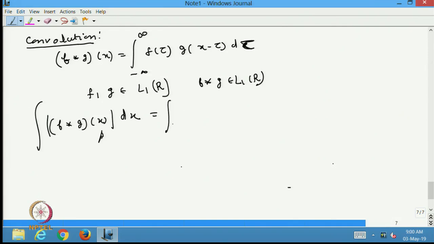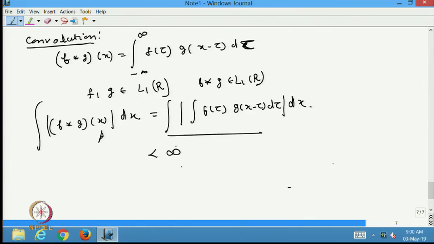this will be equal to f of tau g of x minus tau d tau dx. Now using Fubini's theorem, because f and g both are in L1R, you can very well prove that the convolution will also be in L1R.